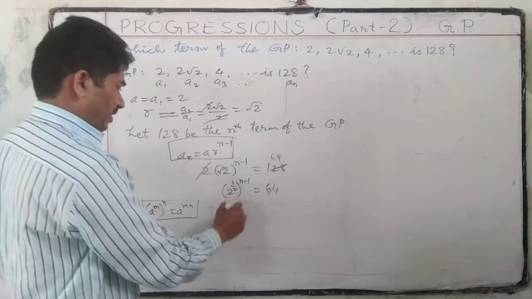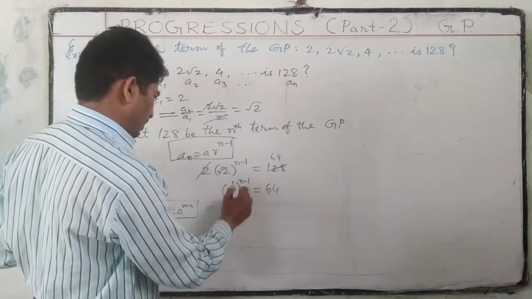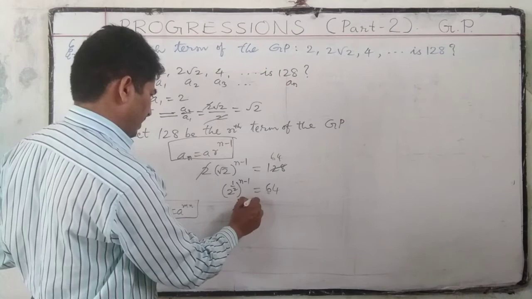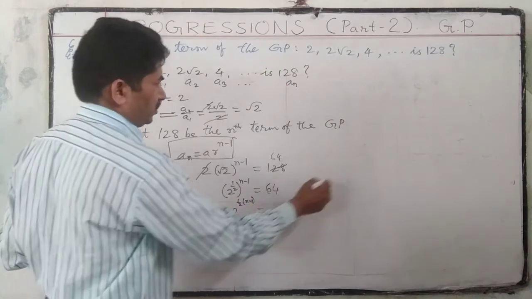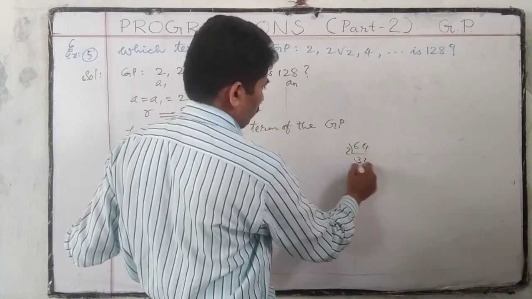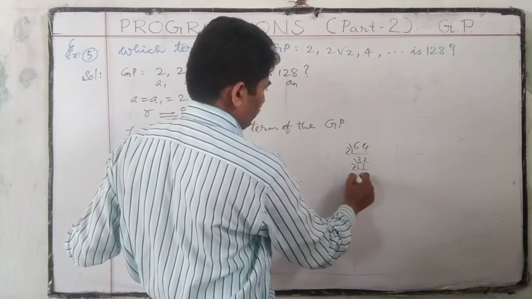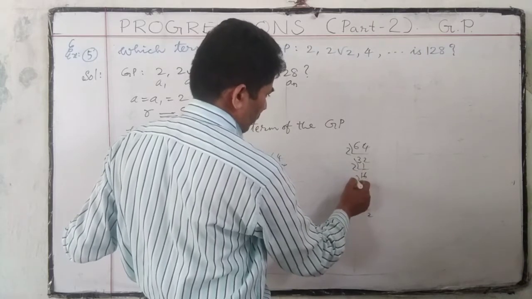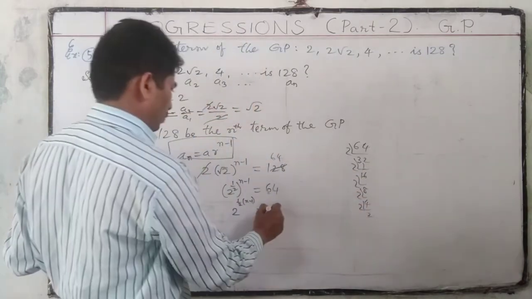Using this formula, we can write 2 to the power of 1 by 2 into n minus 1 is equal to 64, which is 2 to the power of 6.